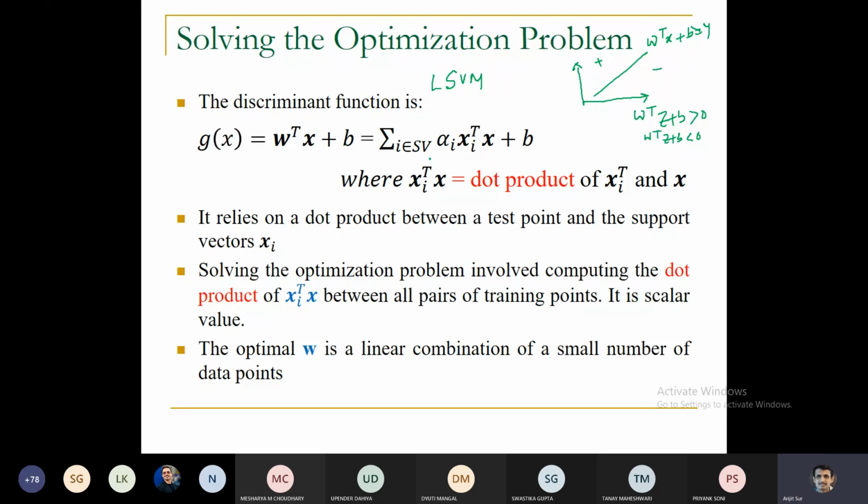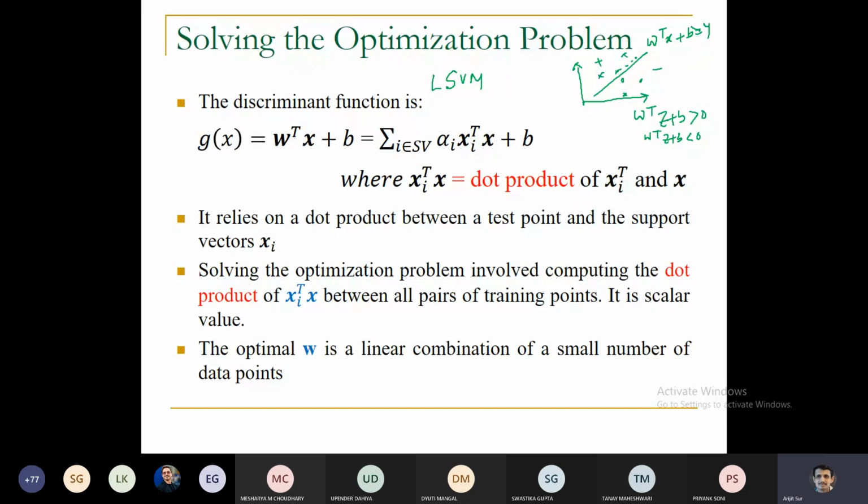Now what we find is that we don't have to compute W explicitly. Given these support vectors, we can get this kind of fat margin.